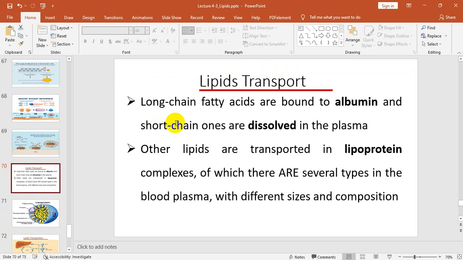Lipid transport. Long chain fatty acids are bound to albumin in the blood, and short chain ones are dissolved in the plasma.